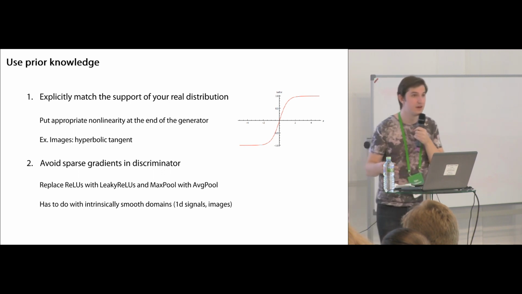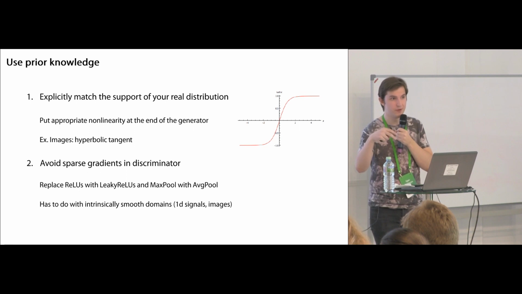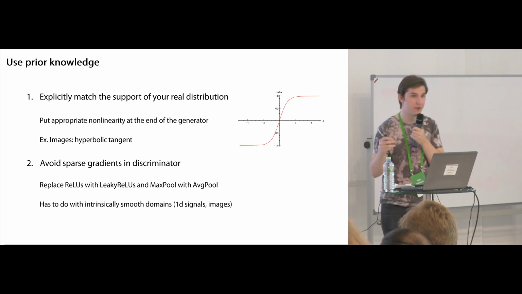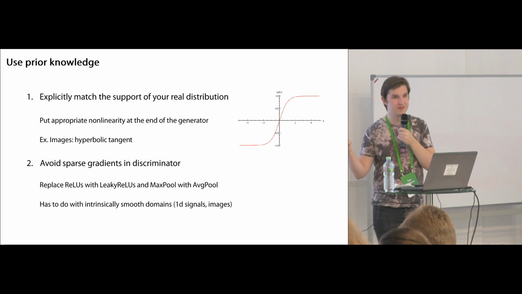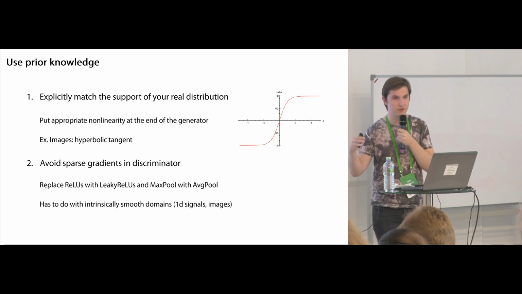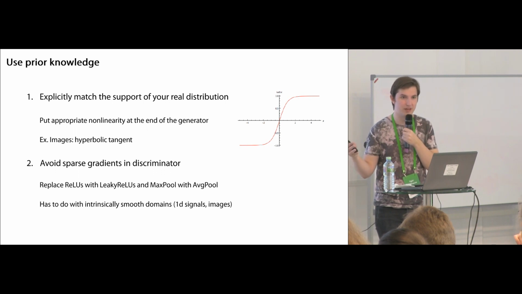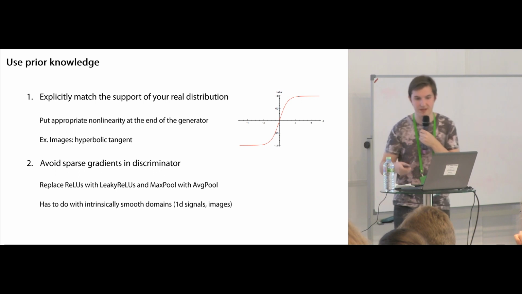Another thing that people use is avoiding sparse gradients inside the discriminator. What I mean by that is modules like ReLU, the rectified linear unit, put 0 for half of the values. So it's 0 if it's less than 0, and x if it's more than 0. When you do backpropagation through that module, you have a good chance of putting 0 into your gradient, and it will not propagate further back into the network.